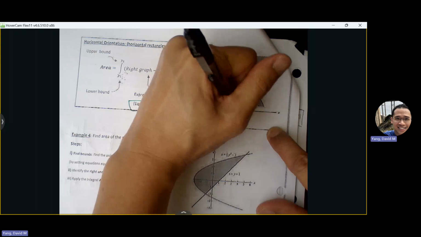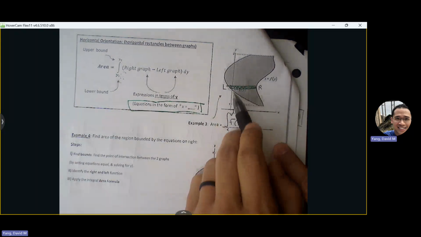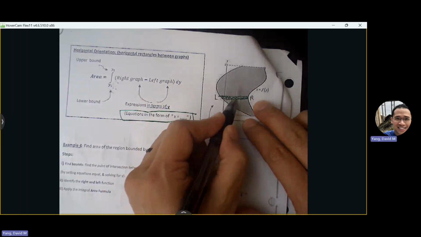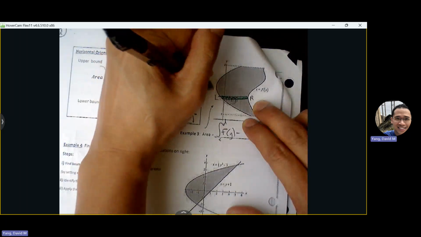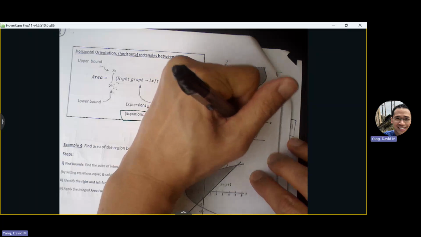So that comes first. Minus, and then the left endpoint of my rectangle is sitting on the other curve, which is g of y, the left graph. Sorry, it's here. This one is g of y. And then dy.